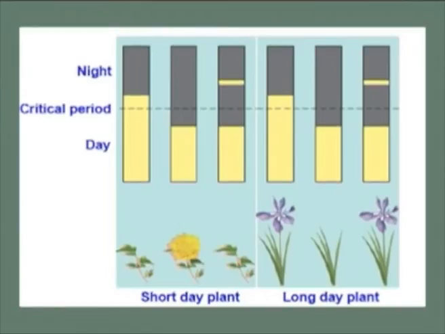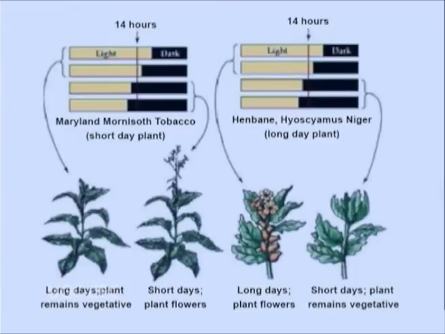If a long day plant is grown in non-inductive condition, that is by providing less than critical day length, then they do not flower. For example, if a long day plant has a 10-hour light period as critical day length required, then growing them in a daylight of less than 10 hours will not induce flowering in them.